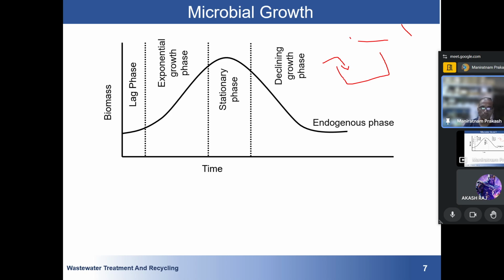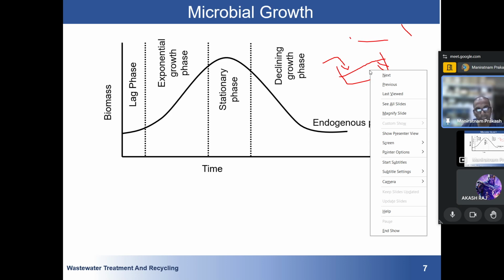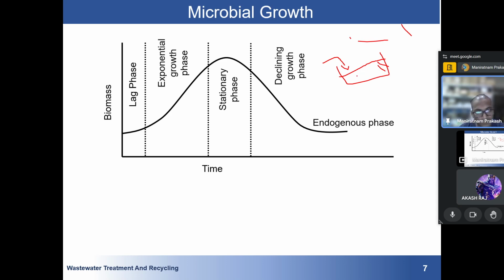Imagine: the amount of food which is available for them is very high, so they will start consuming this organic matter. They use this organic matter to generate energy, and that energy can be used for generation of biomass.